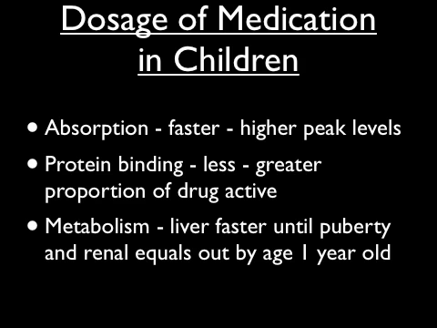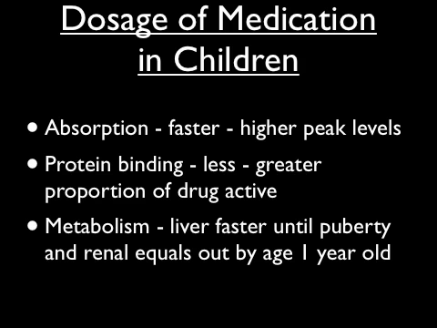The liver has a faster metabolism until puberty, and then it evens out, right? So any of the medications that are metabolized in the liver tend to be metabolized much quicker. Therefore, the levels might be lower in children. And then the renal is not such an issue because that equals out at about 1 year of age.